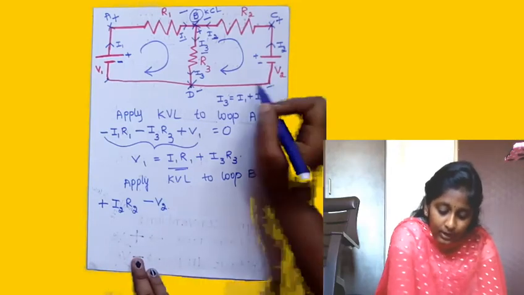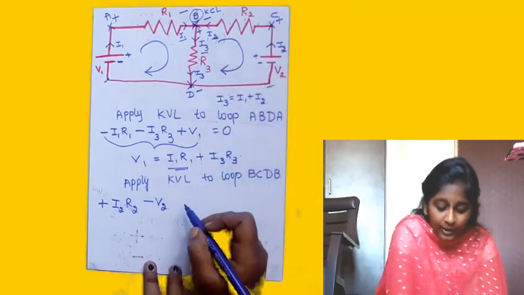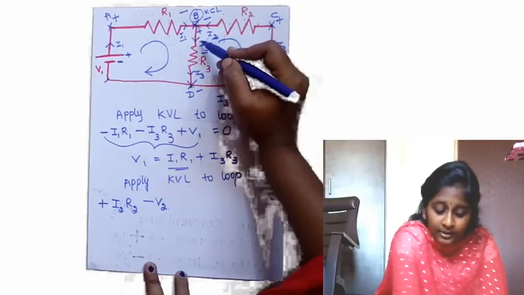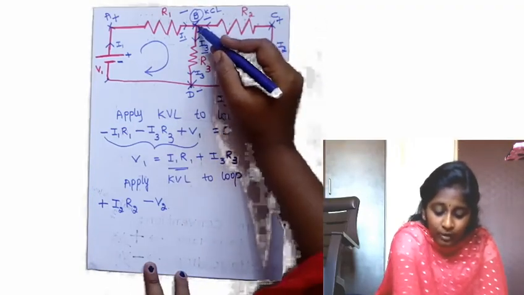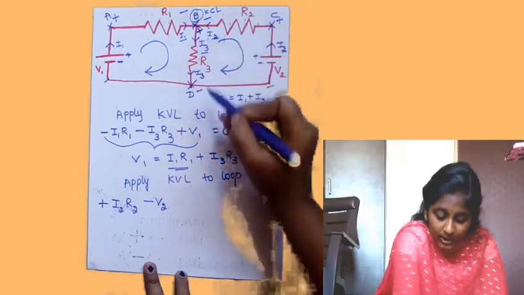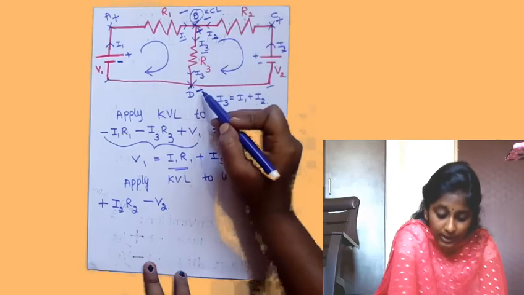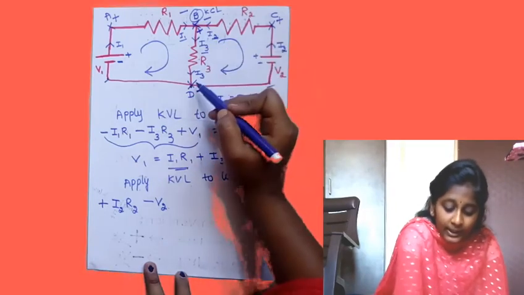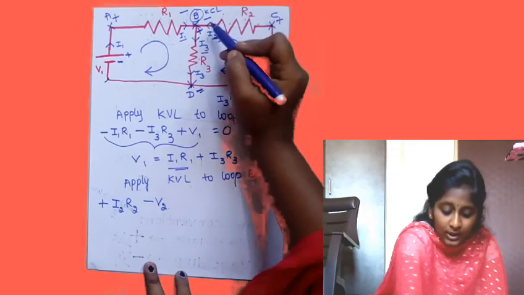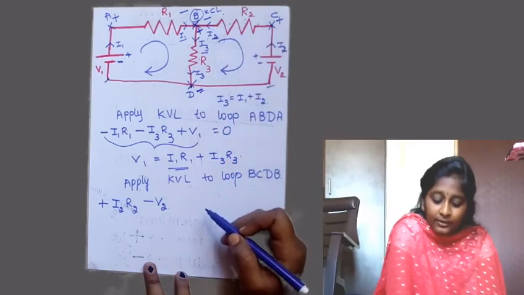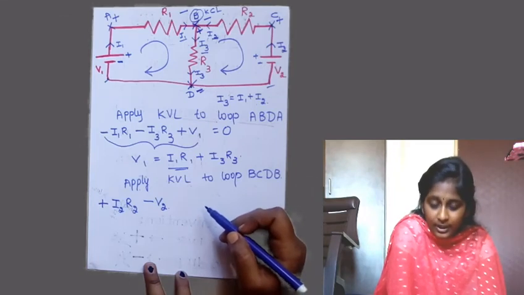After V2, I come to R3. I3 is flowing from node B to node D. That is, B is at the higher potential and D is at lower potential, and I am moving from node D to node B, that is from lower potential to higher potential, that is voltage rise.